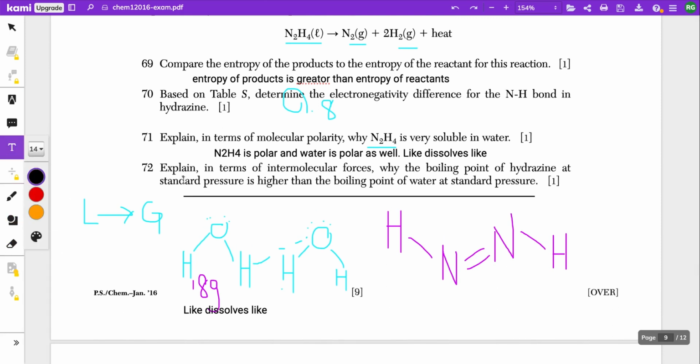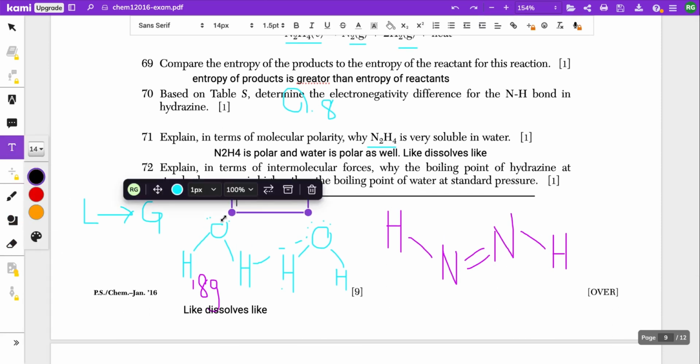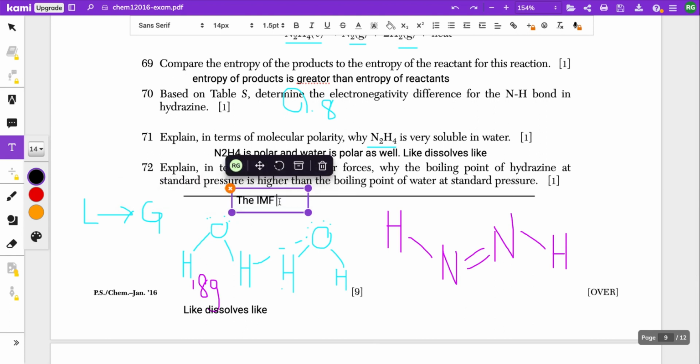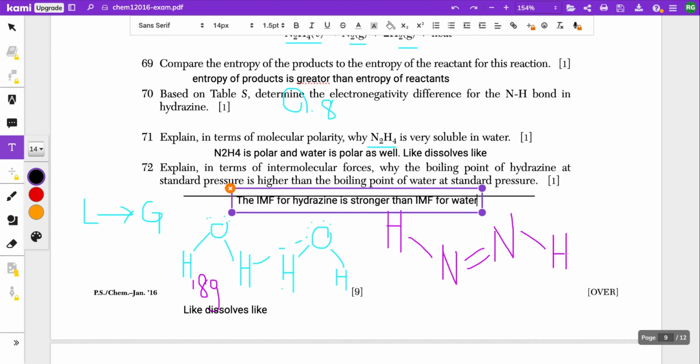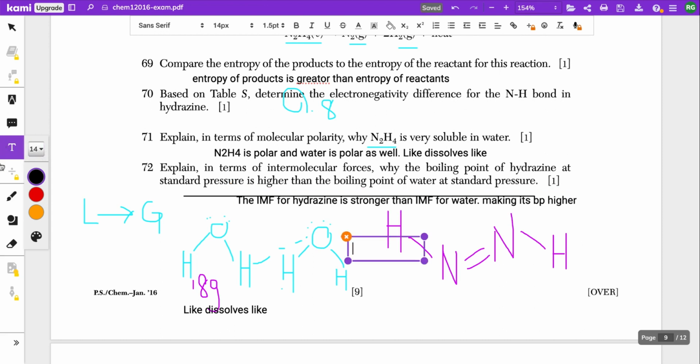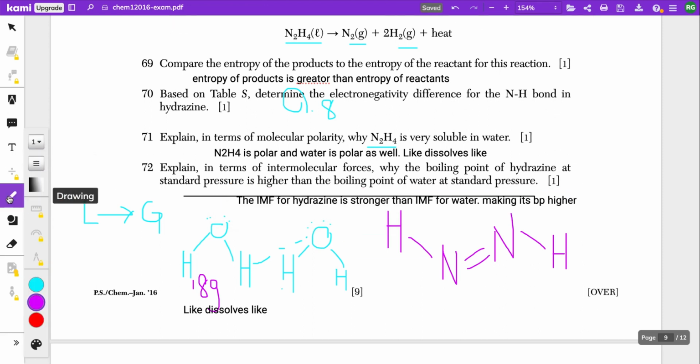I'm overcomplicating this a lot. Just say that the intermolecular forces for hydrazine are stronger than the intermolecular forces for water, making its boiling point higher. So the stronger the intermolecular forces, the higher the boiling point.